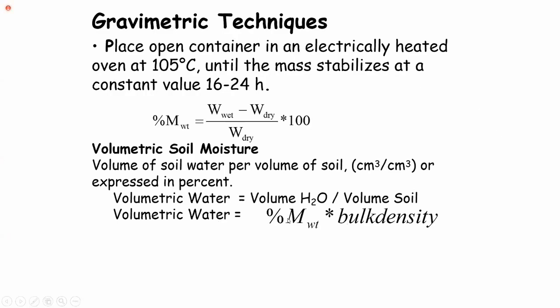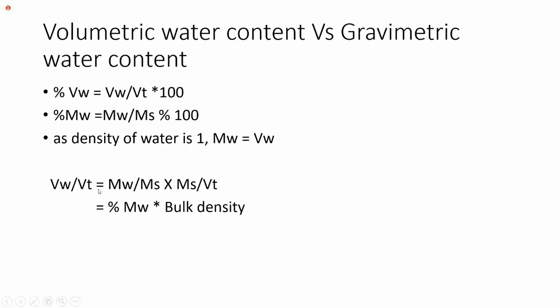One of the usages of bulk density is calculating volumetric water content also. So the volumetric water content is volume of water divided by total volume of the soil into 100. So that is the volumetric water content.